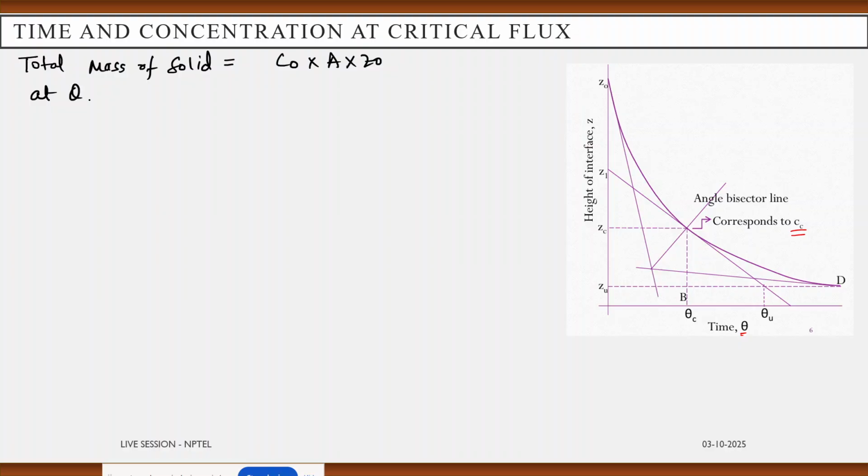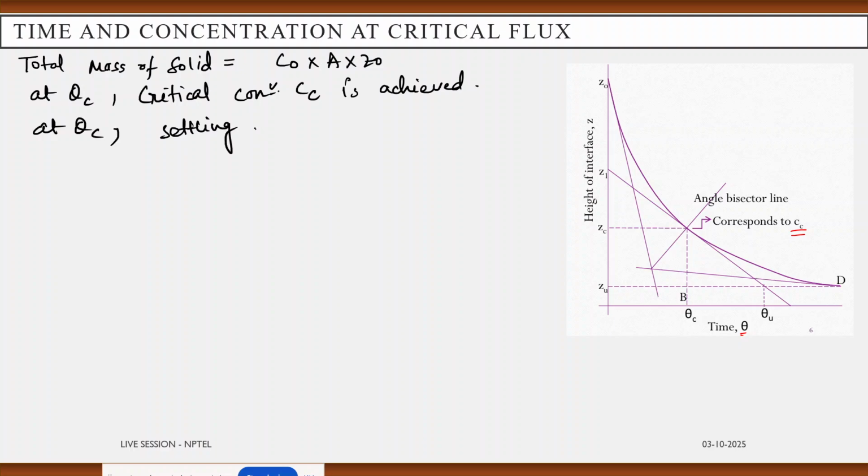So from this figure we can see at theta equals theta c, critical concentration Cc is achieved. At theta c, the settling velocity decreases very rapidly.